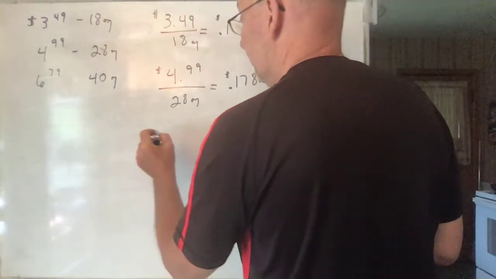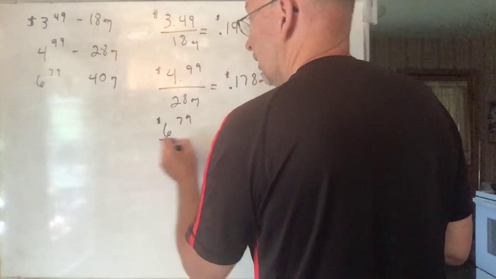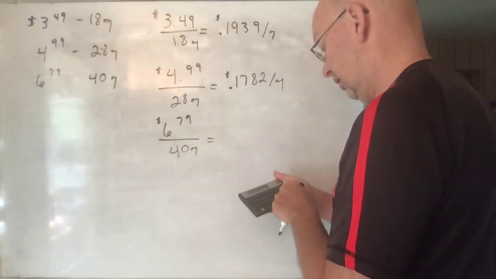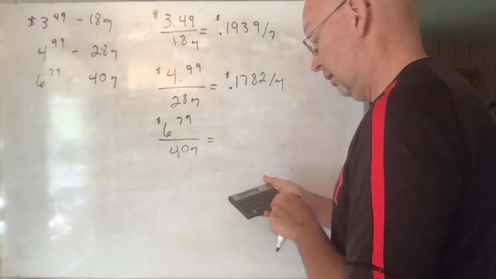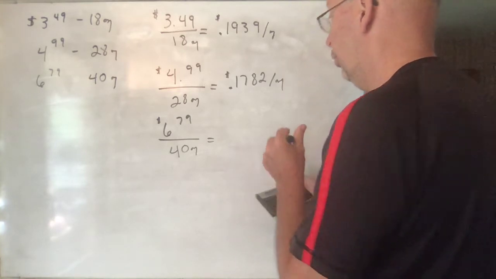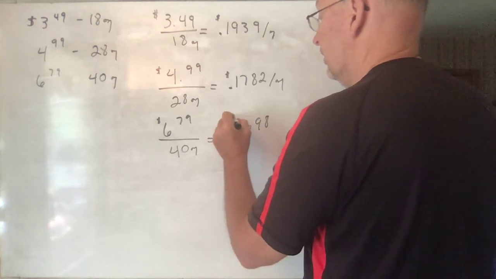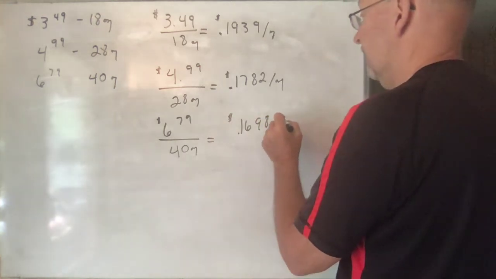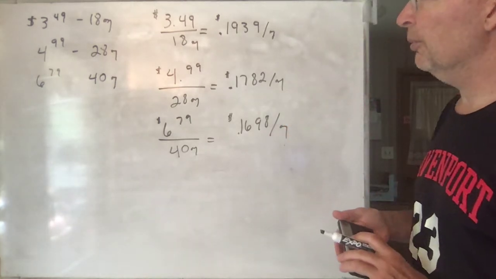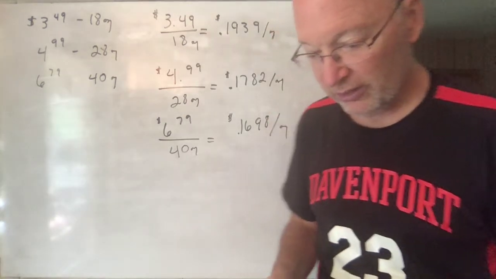And the last one, if you go 6.79 divided by 40 ounces, you get, I should say, 0.16975. There you go. So that's the idea. Okay, simple enough. You've probably seen those kinds of things before, but anyway, that's ratios.